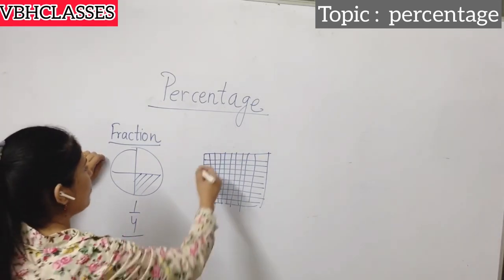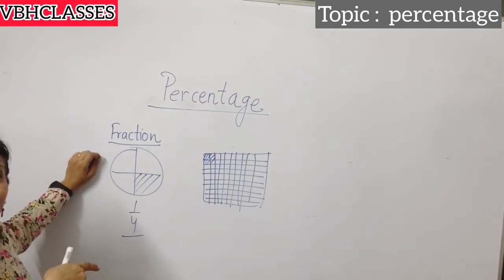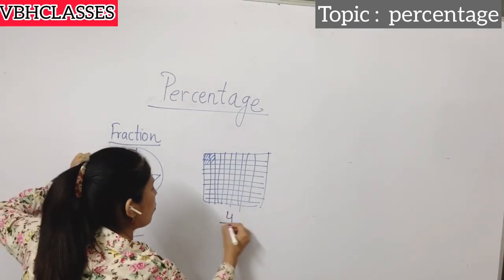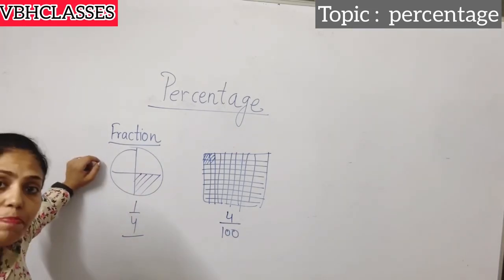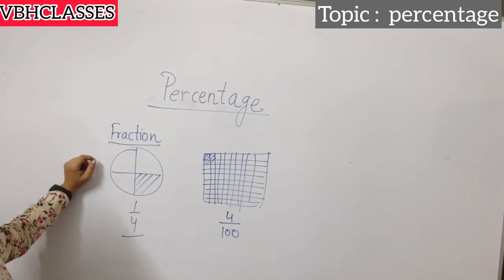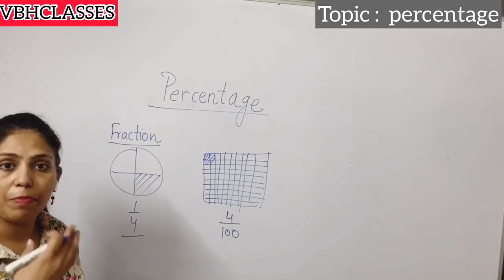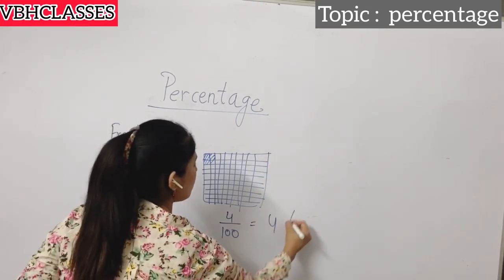And if I shade 4 parts here, what does it represent? It represents 4 out of 100, right? So what is the percentage? Percentage is when we count any number out of 100. The numerator is divided by 100 and the sign is used as 4%.